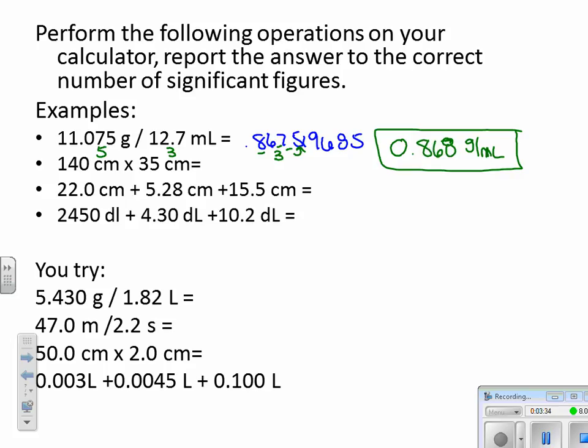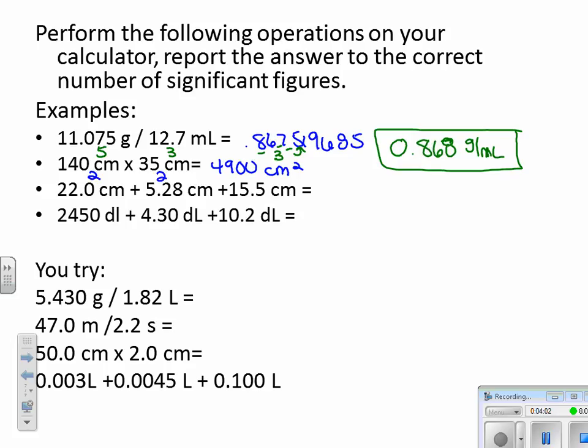Okay, second example, we have 140 centimeters times 35 centimeters. The calculator gives us 4,900 centimeters times centimeters is centimeters squared, and that's a unit of area. Without a decimal in our first measurement, the 140 has 2 significant digits because without a decimal, a trailing 0 is insignificant.